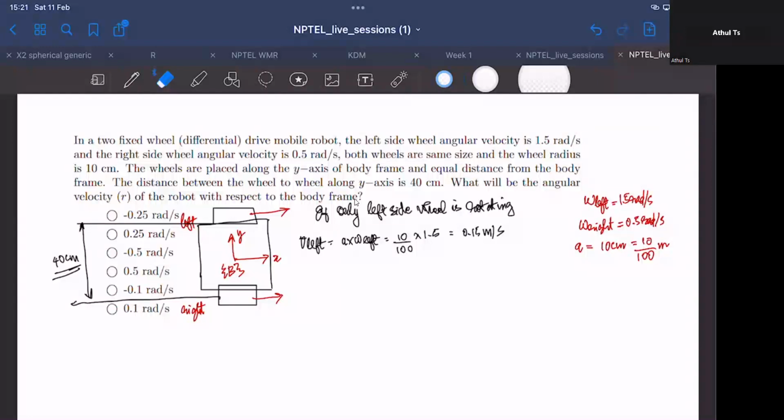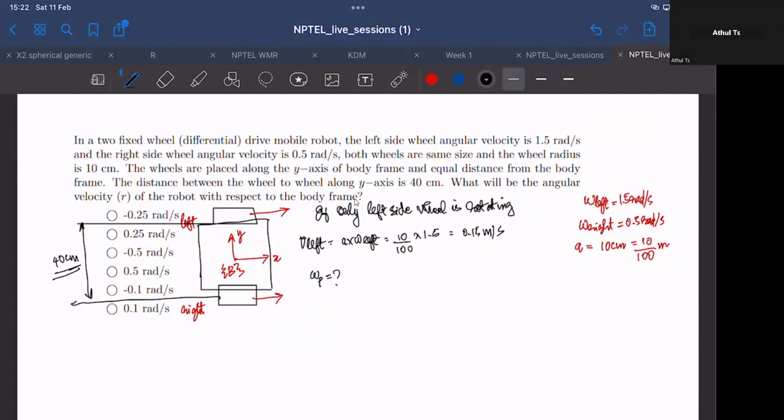So if only the left side wheel is rotating, what would be the angular velocity of the body fixed frame? Let the angular velocity of the robot be omega B. We are required to find out what this would be when only the left side wheel is rotating and the right side wheel is 0.